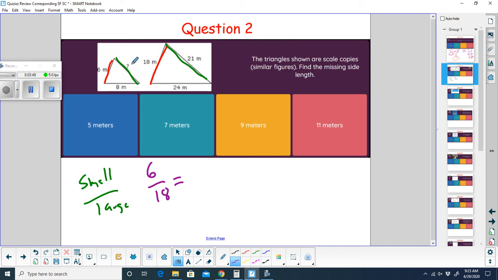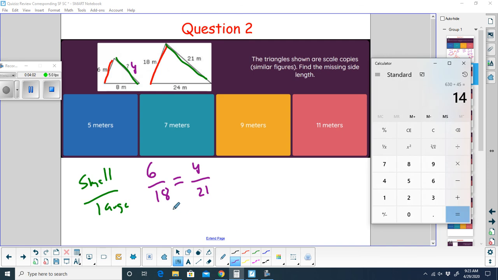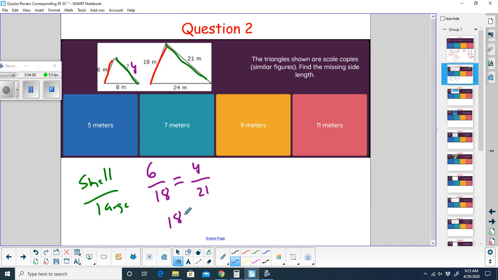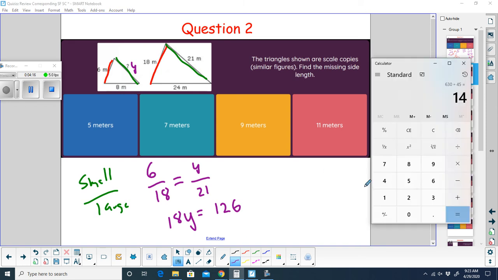I'm sick of using x. I'm going to use y. Y goes with the side on the large, that is 21. So by doing that, you should be able to see 18 times y is 18y. 6 times 21 is 126. Right?